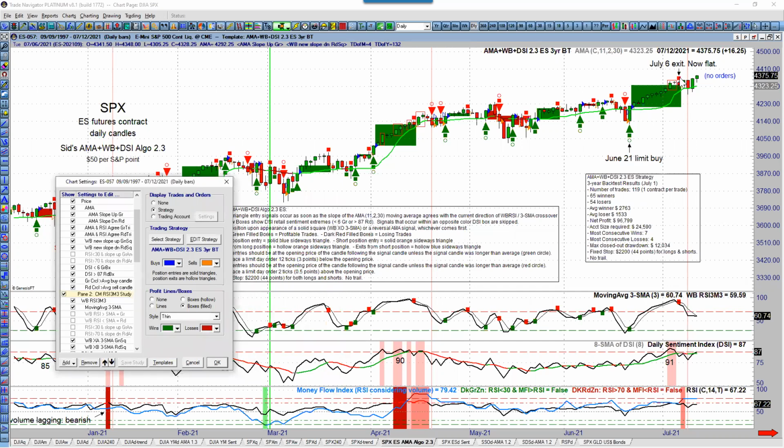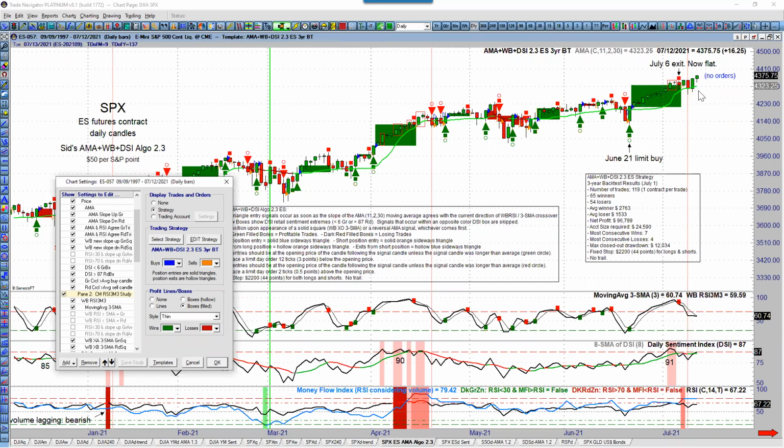That's the most recent signal, and it was a winner. But then on July 6th, it got a crossover of the Walter Bressert, and in this case, a 3-day moving average of the Walter Bressert. That's based on backtesting on this item, and it exited with a very nice profit there. And right now it's flat.